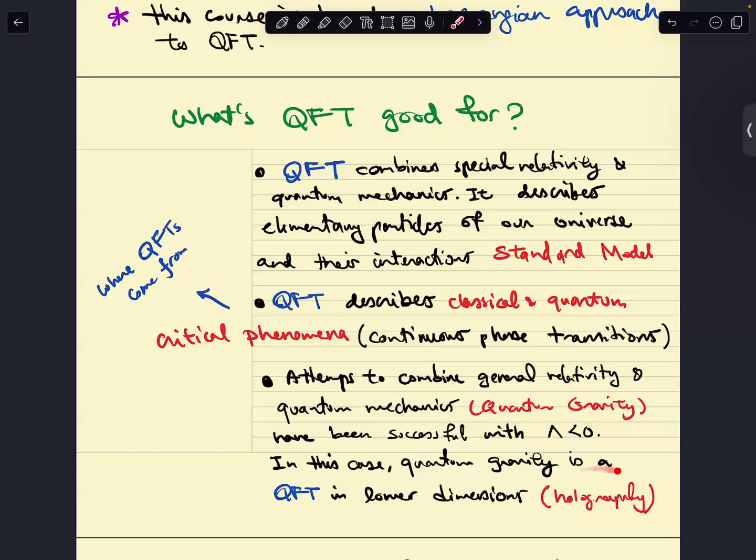This usually goes with the name of holography. So quantum field theory is also relevant for gravity in a different sense. So these are different motivations to study quantum field theory: as a fundamental theory of particle physics, our nature, as a theory that describes phase transitions, and also as a candidate for theories of quantum gravity.